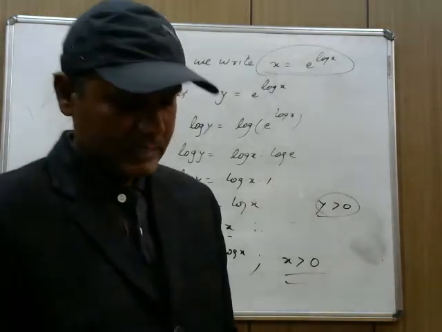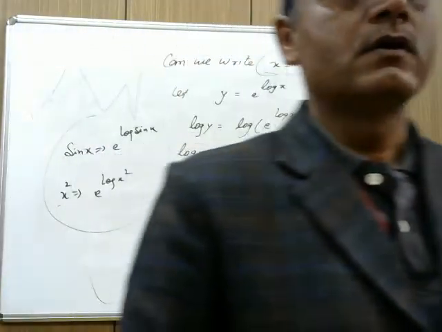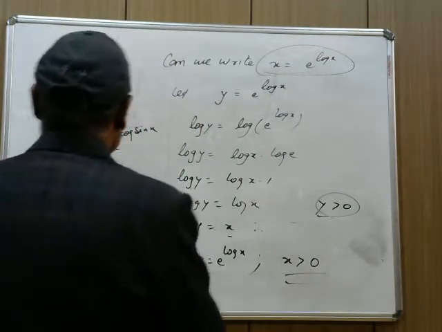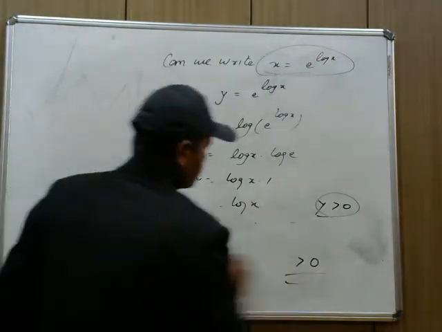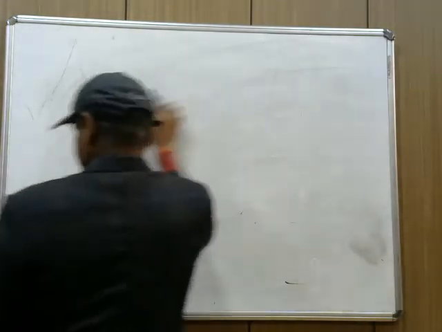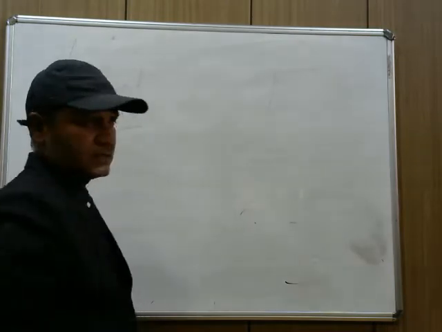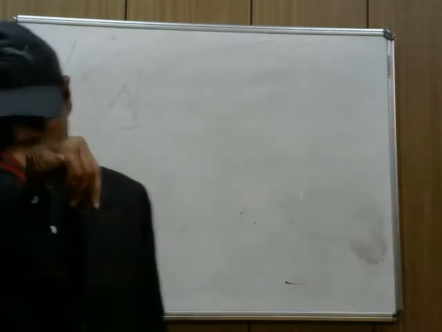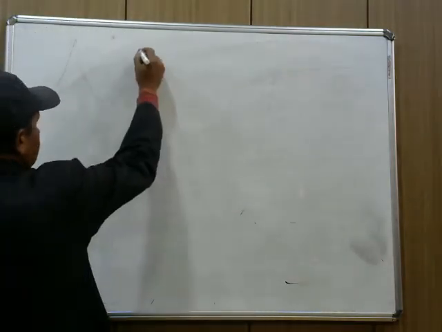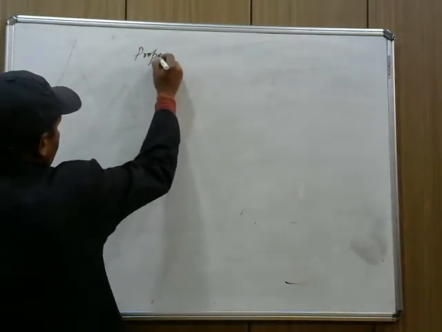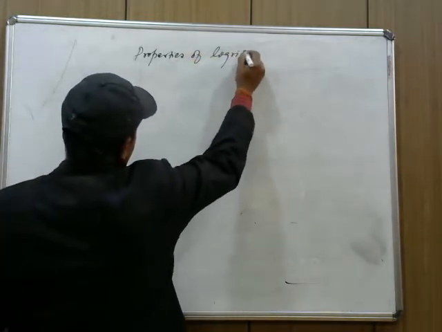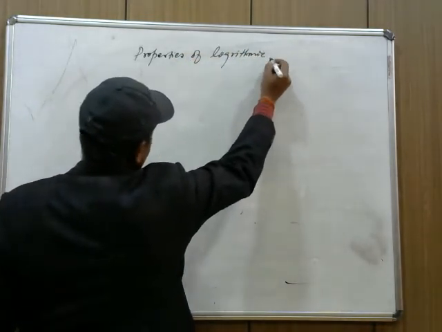Now I'll discuss some of the properties of log function, right? Now I'll just prove one or two properties and then I'll write all that. Right, the first one is, properties of logarithmic function.